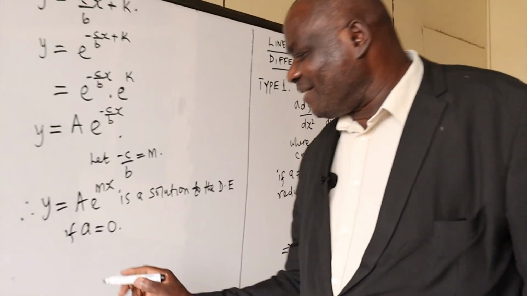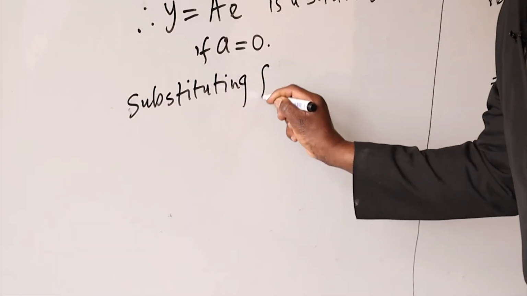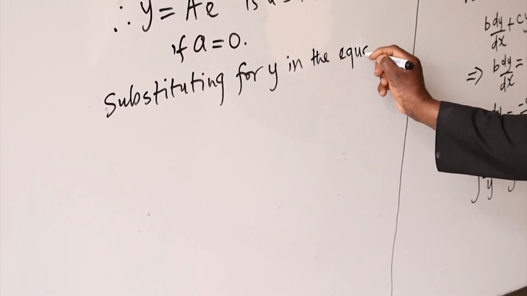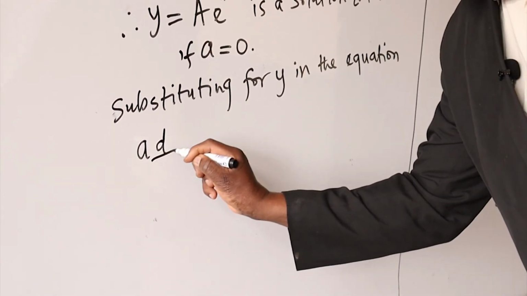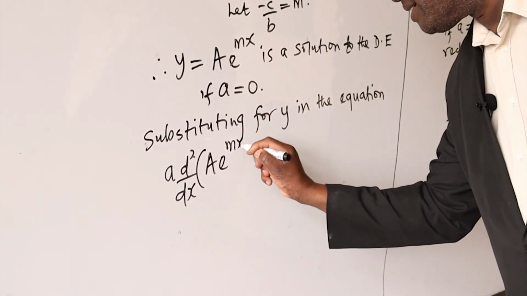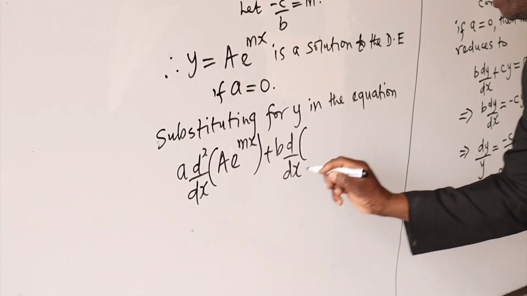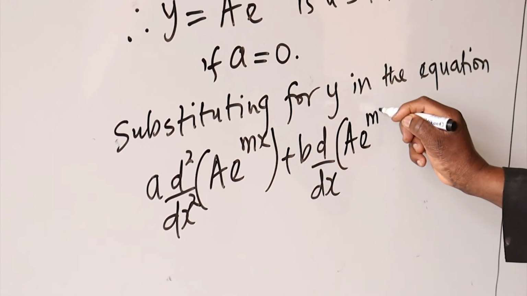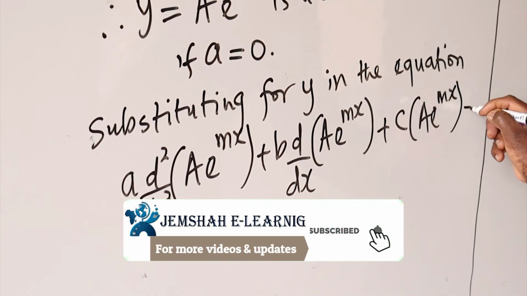So, substituting for y in the equation, it will be A d squared dx squared of capital A e power mx plus B d dx of capital A e power mx plus C into capital A e power mx. This is what is equal to 0.